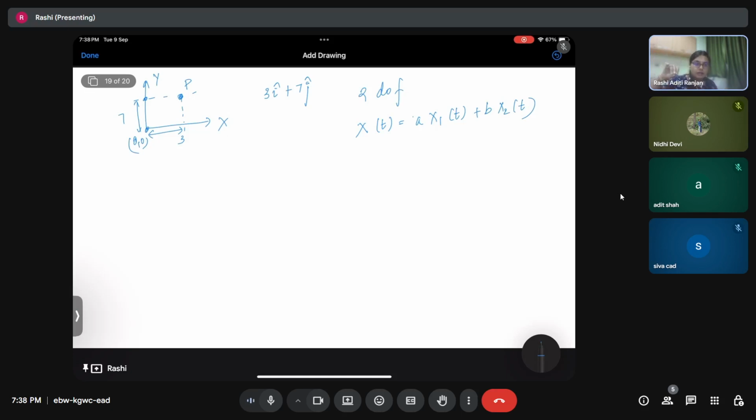And I would like to give you the idea that if you use the concept of eigenvalue and eigenvector to find the eigenvalues and eigenvectors of the matrix that we are using, you are going to get the frequencies as well as the mode shapes. Why? Because then both the movements become independent of each other.